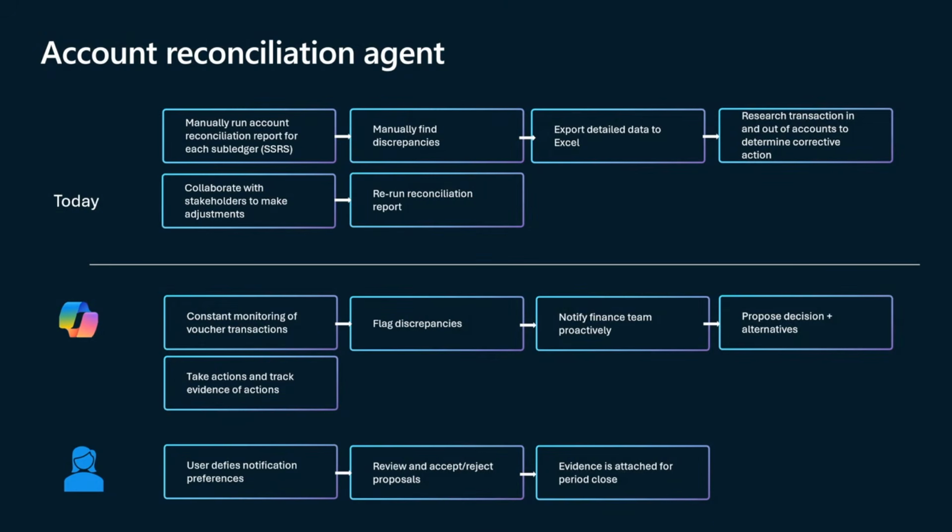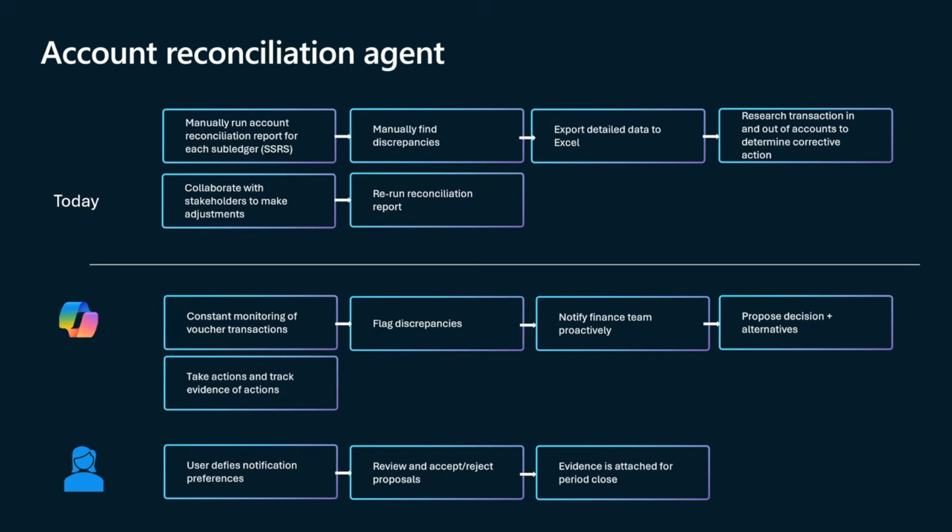So let's take a look at how this looks today without the account reconciliation agent, which is on the top of the presentation. As mentioned, it is very manual. We are running lengthy SAS reports, then we need to find these discrepancies. A lot of us are exporting this data into Excel, and then we research the transactions of the accounts to understand why they're not in balance.